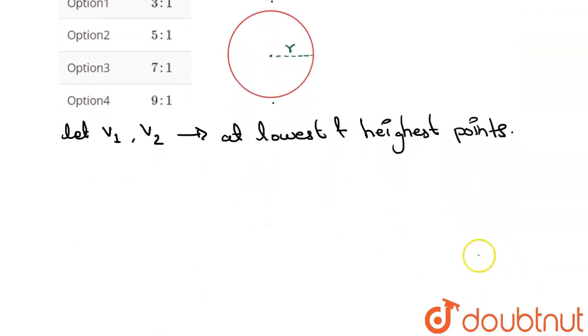That means v1 over v2 equals root 3 over 1.